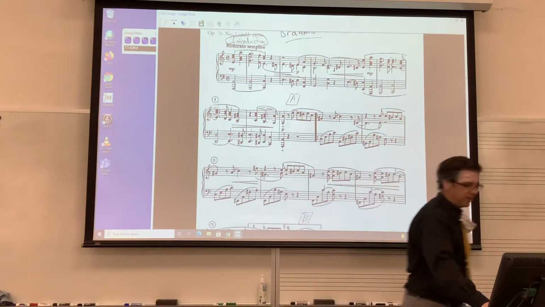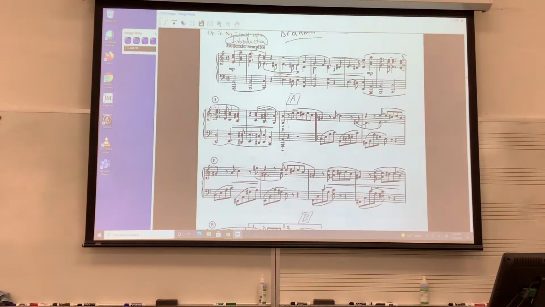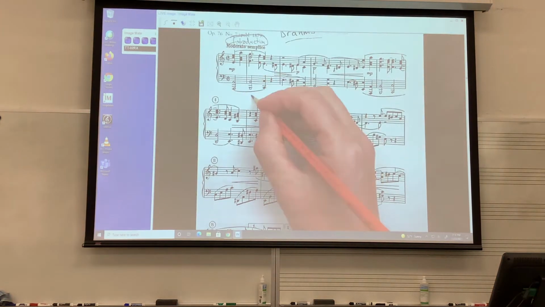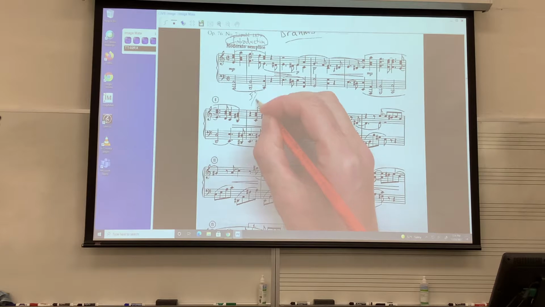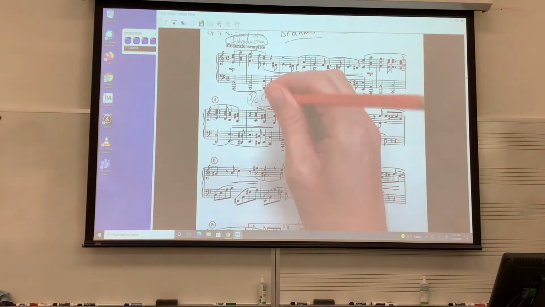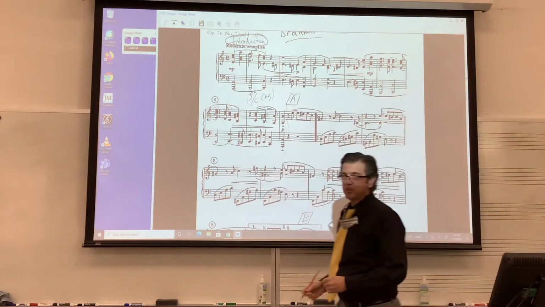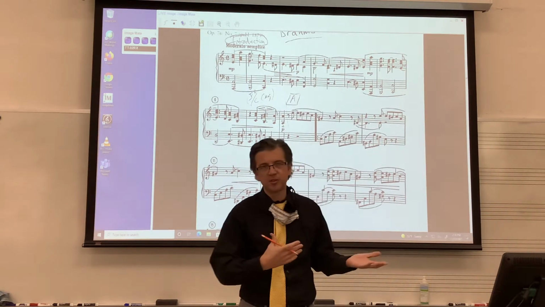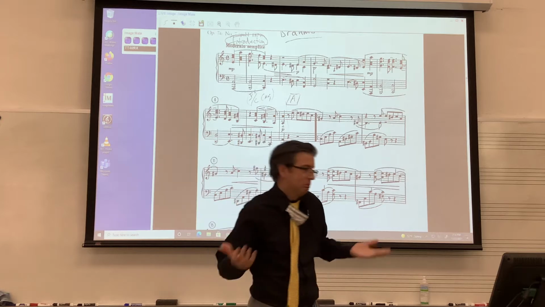Right away by measure 2, he gives us 5 of C major and then a C major chord. So even though it's in the key of A minor, his first move is to C major.